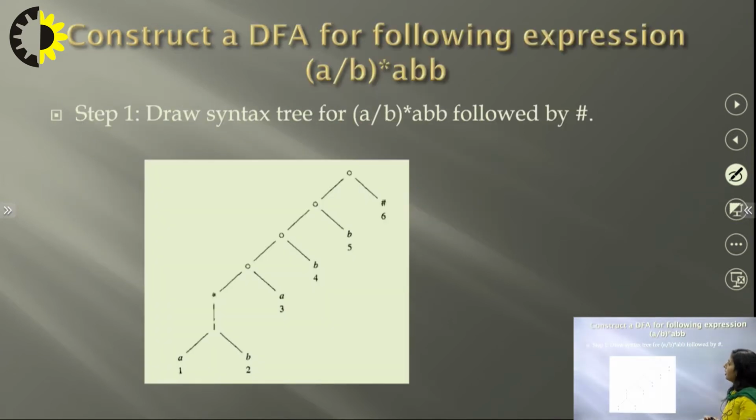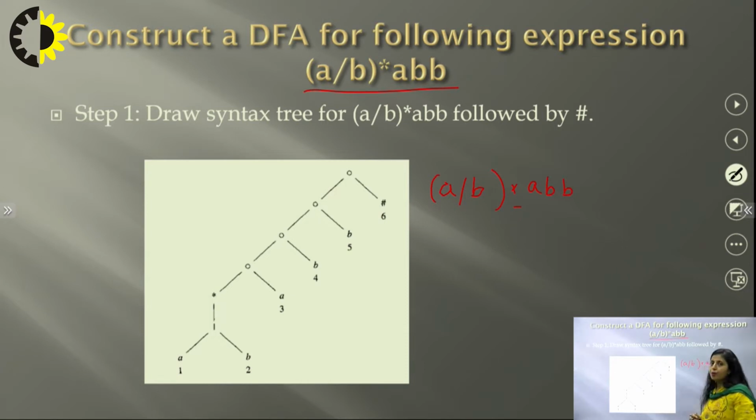So this is an example. Let's take a regular expression (a|b)*abb. This is a regular expression and we have to construct a DFA, the optimized DFA, for this regular expression. You can see here (a|b)*abb.